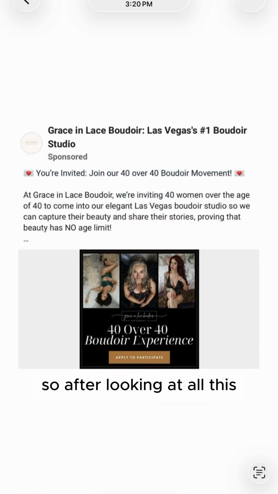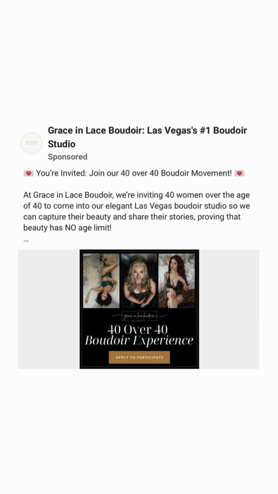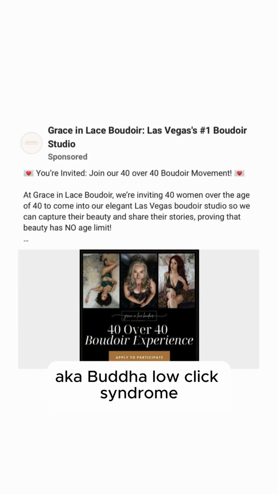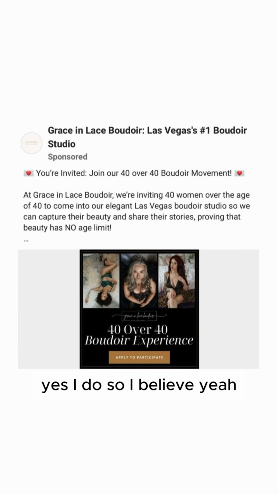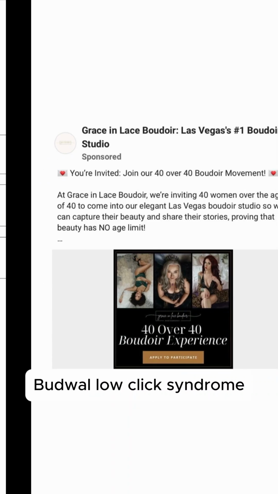So after looking at all this, do I believe this Boudoir Facebook ad has a unique CTR under 6% and therefore has BLCS? Yes, I do. My diagnosis is that it most likely does have BLCS, Boudoir low click syndrome.